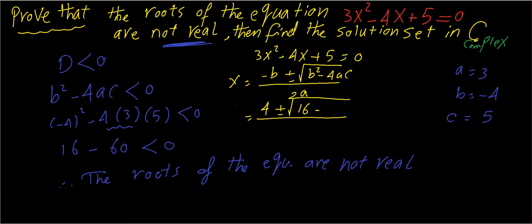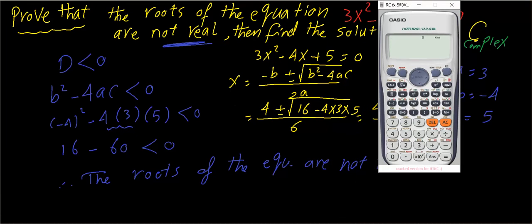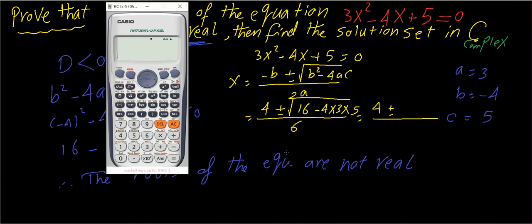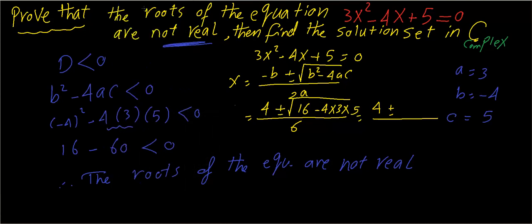We can write 16 minus 4 times 3 times 5, over 2 times 3 equals 6. Now we are calculating the value of the discriminant: 16 - 4 times 3 times 5 equals -44. So 4 plus or minus root of negative 44 over 6.